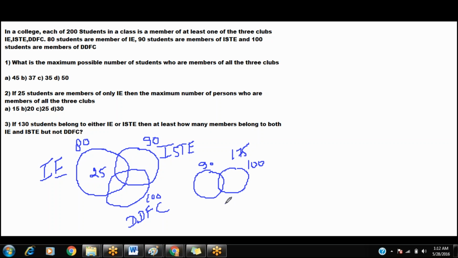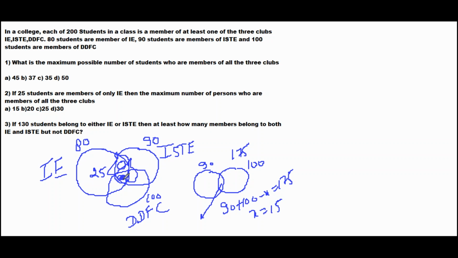So 90 plus 100 minus x is equal to 175. So x is equal to 15. This whole common portion will be 15, and we want to maximize all three, so put this value equal to 0. So the maximum number of persons who are members of all three clubs will be 15, and our first answer is 35. I hope this is clear.